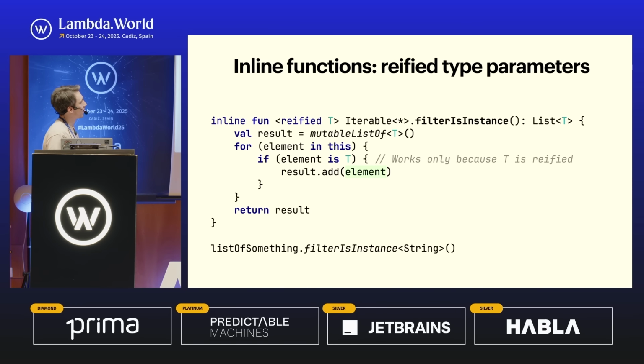But with inline functions, because it all happens at compile time, I know everything about my types, and I can write things like filter with instance, where I take a collection of some iterables, go through it, and perform a regular type check as in regular code. But in this case, it's generic. Now when I have a list of something, I can do a simple filter with instance of String, and it returns a list of strings. So very easy.